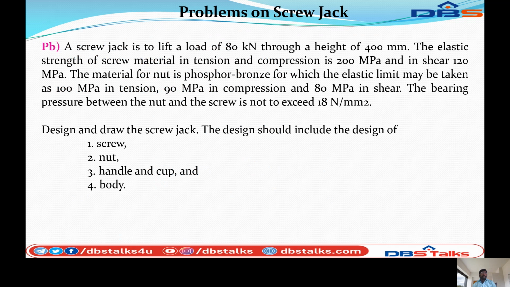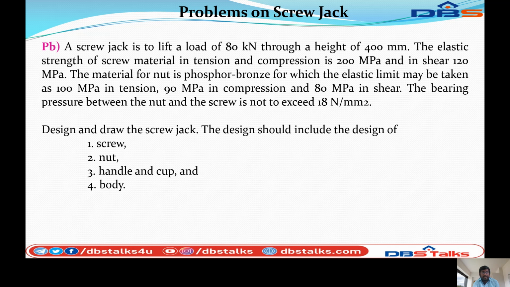So next we can discuss the problems on the screw jack. A screw jack is to lift a load of 80 kilonewton through a height of 400 mm. The elastic strength of the screw material in tension and compression is 200 megapascals and in shear is 120 megapascals.